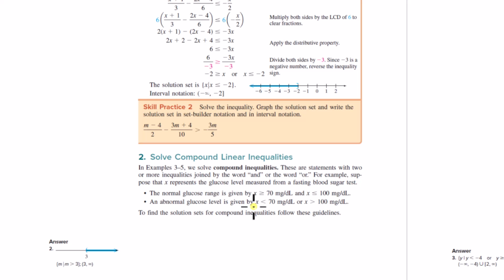That's the inequality you're trying to solve. That's a compound inequality. You have two or more inequalities joined by the word and or or. This is an or statement, and they give an and statement here. So you could be saying if it's normal, for what values of the input is the glucose level greater than 70 and less than 100, right?